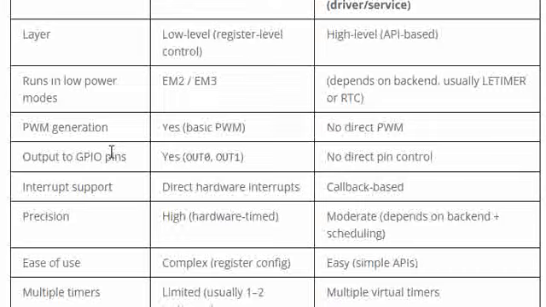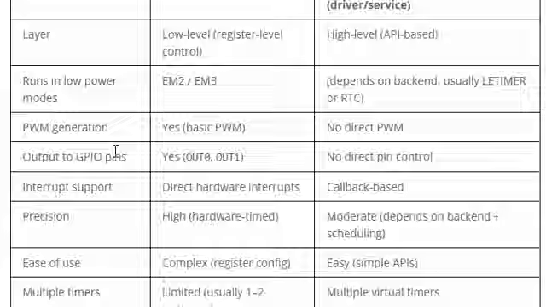And when we use LE timer, we will be using it based on interrupt generation. So when the timer counts, ticks and reaches the threshold value set, it generates the interrupt, and then that interrupt will call the interrupt service routine.